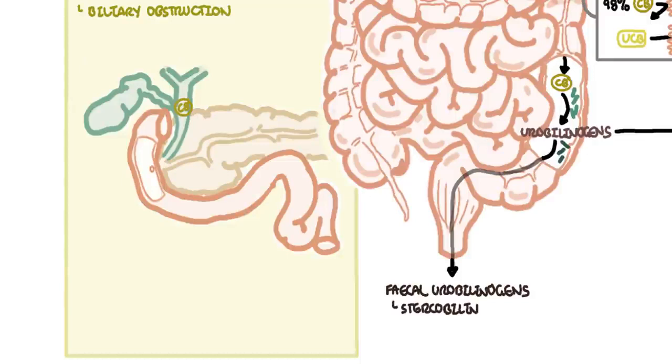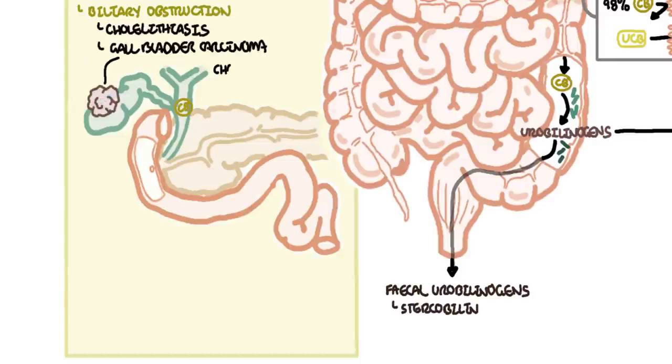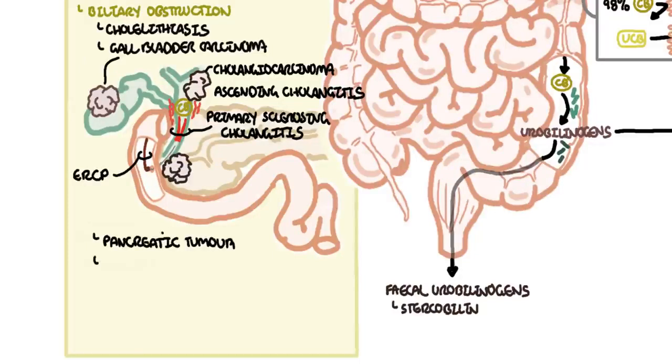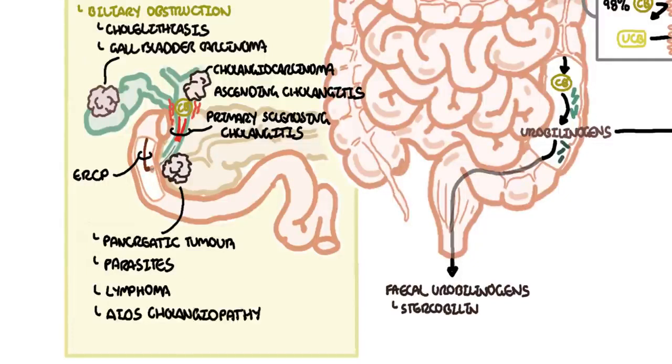And this includes cholelithiasis, gallbladder adenocarcinoma, biliary cholangiocarcinoma, ascending cholangitis, which is really an infection of the bile duct, primary sclerosing cholangitis, strictures after an invasive procedure such as an ERCP, pancreatic cancer, some parasitic infections can cause obstruction, lymphoma can cause obstruction, AIDS cholangiopathy, acute and chronic pancreatitis is a very important cause.